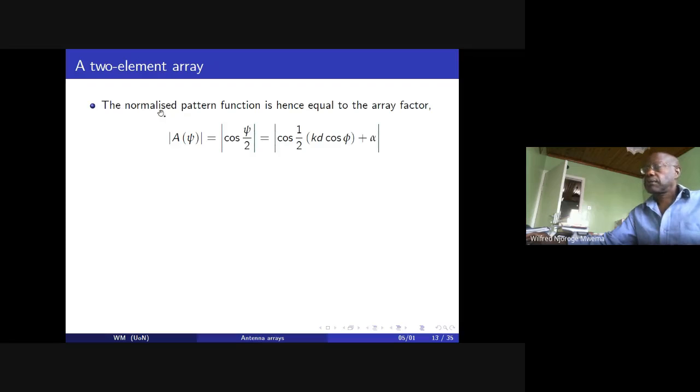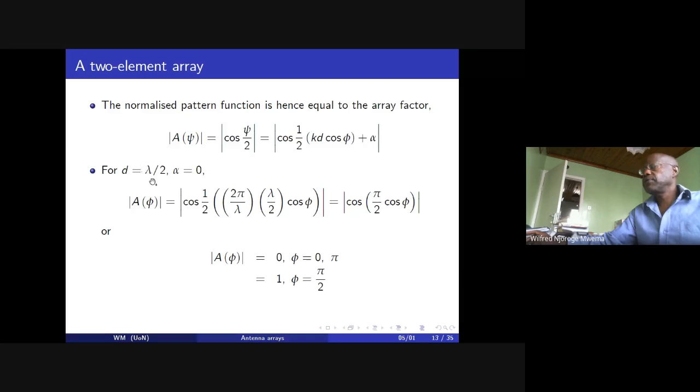So the normalized pattern function is going to be equal to the array factor, and therefore psi is going to be given by cosine of psi by 2, which is equal to the cosine of a half pi d cosine phi plus alpha.